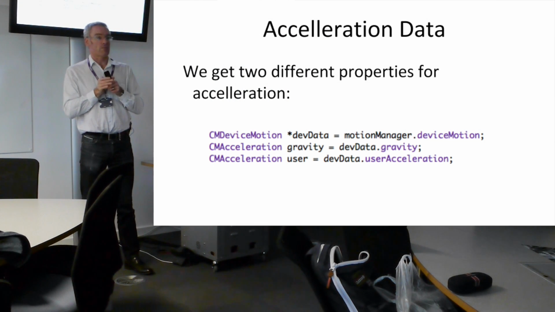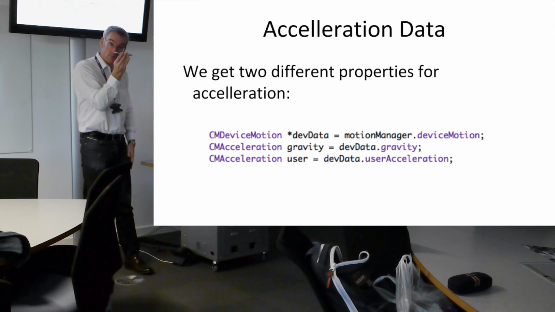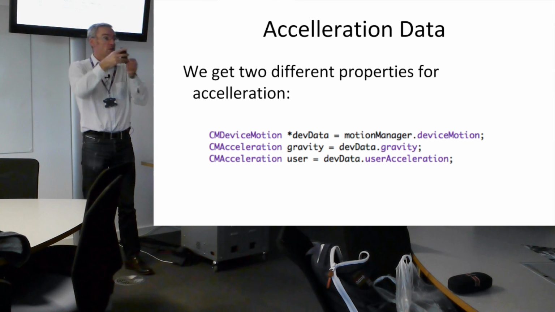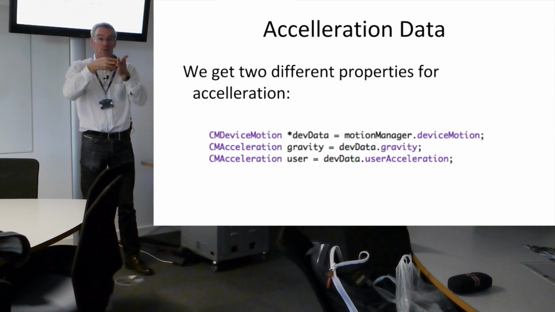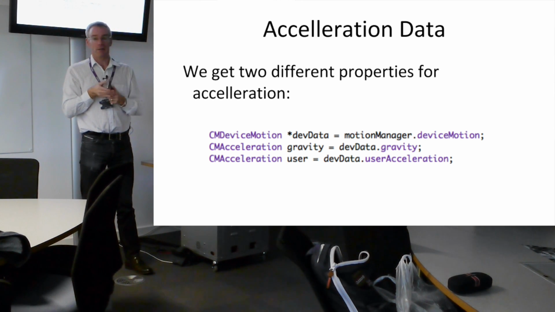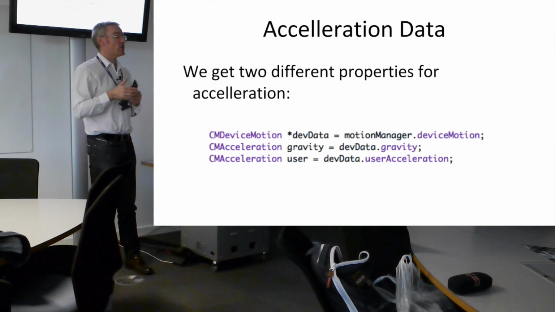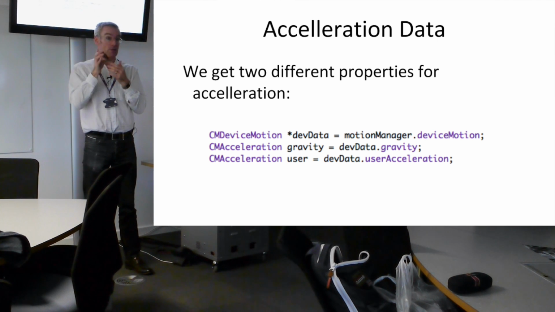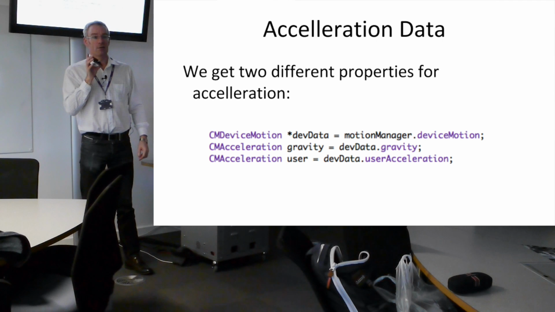Let's start with acceleration. Remember the problem with acceleration? Gravity. Whichever angle we use, gravity impacted on it. Well, now you've got 2 different acceleration properties. You've got acceleration due to gravity as one property, and acceleration due to user as a separate property.